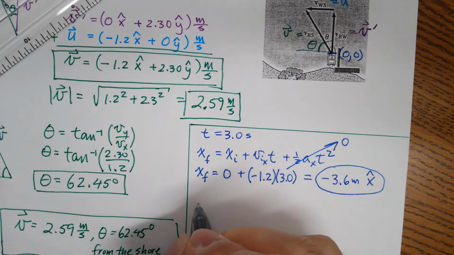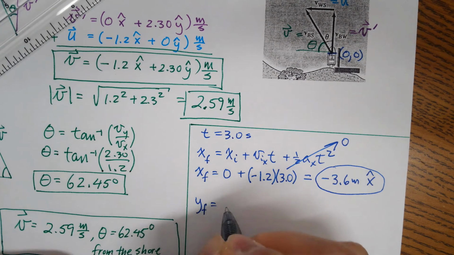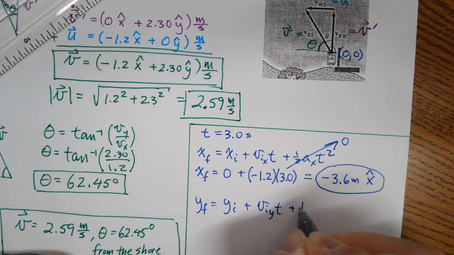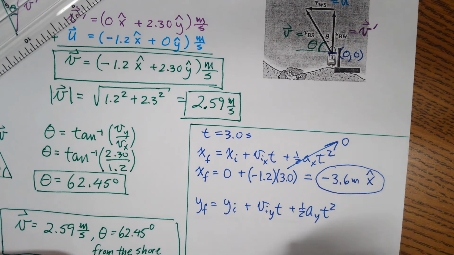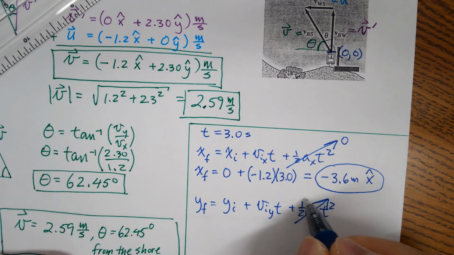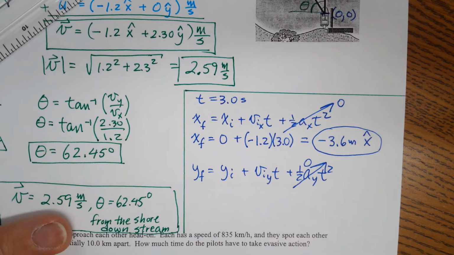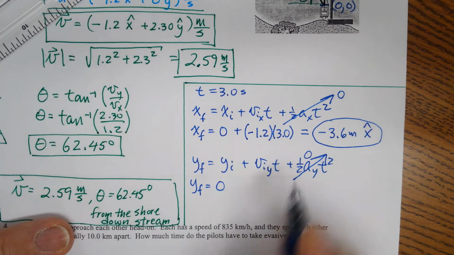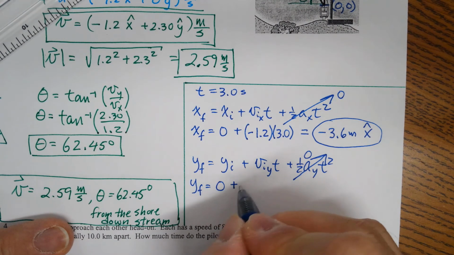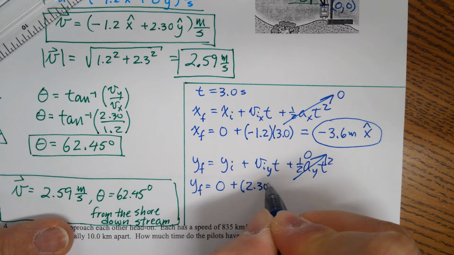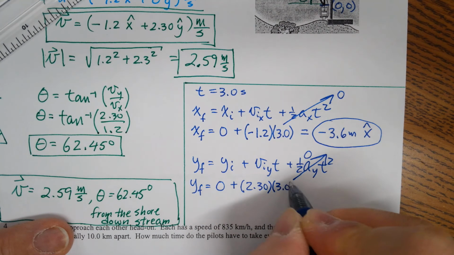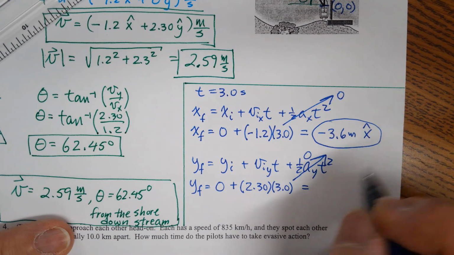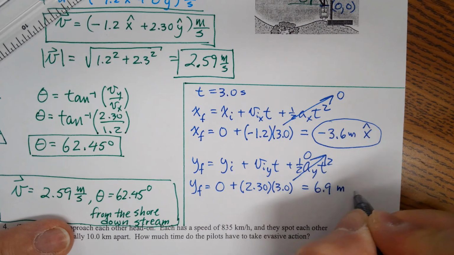And then my y final is equal to y initial plus v_iy t plus 1/2 a_y t squared. Again, there's no acceleration in the y direction for my boat, so this whole term drops out. So my y final is equal to 0 plus 2.3 times 3.0 seconds, and I get 6.9 meters in the y direction.